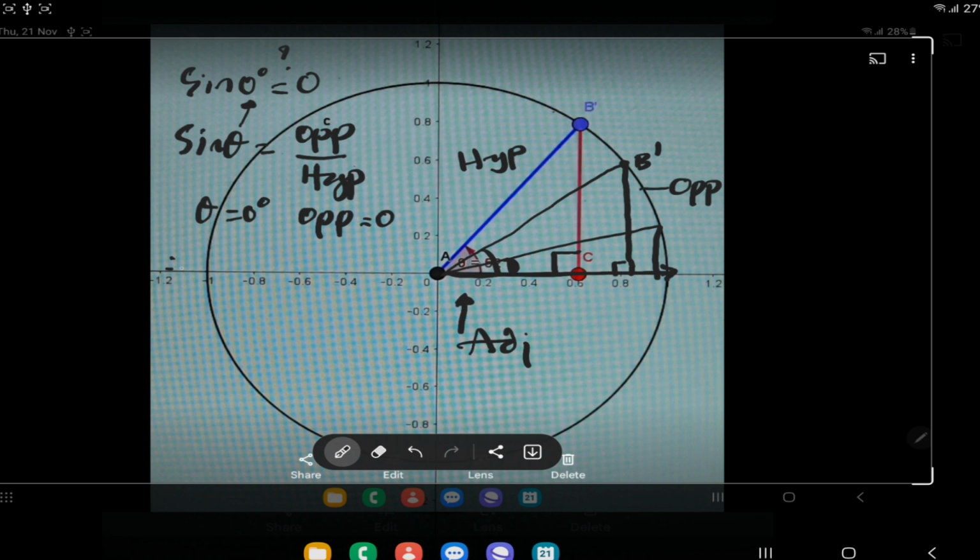Therefore, sin 0 degrees is equal to opposite by hypotenuse, opposite becoming 0 units upon hypotenuse. 0 upon something is 0. So sin 0 is 0. Hence proved.